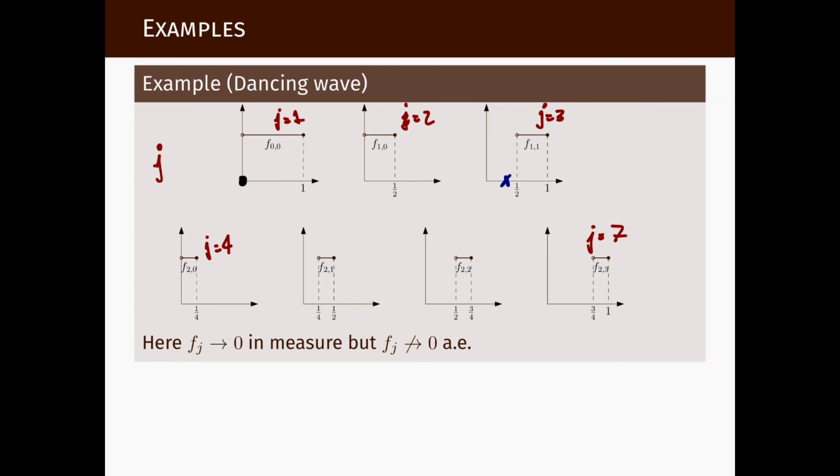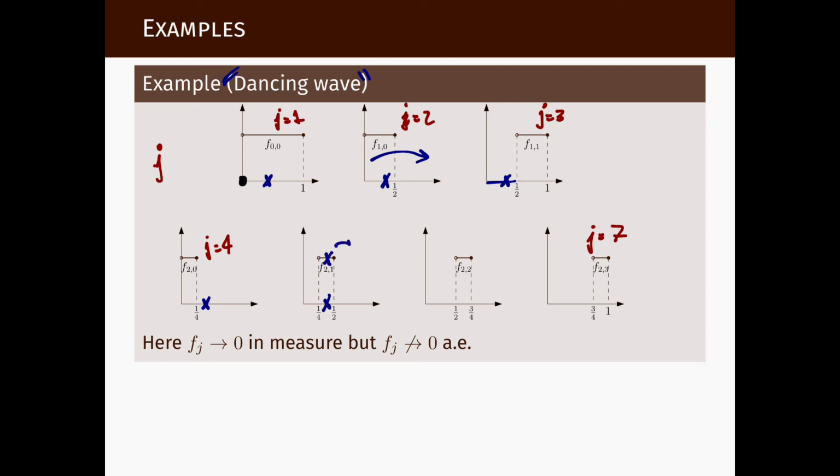so we have this dancing wave, we refer to it as the dancing wave. So we see here that when we fix the point here, then the function first is 1, then it is 1 again, and now once the wave has passed this point, it's 0. And then you might think, oh, okay, now it's 0, it's going to stay 0 forever. But that's not true. Here comes the wave again. You're 0, but you're 1 again.